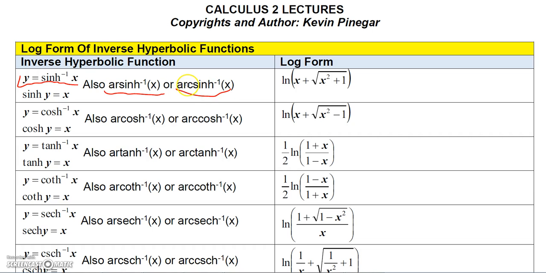So those are other ways to write it. But its log form is the natural log of x plus the square root of x squared plus 1. And then the inverse hyperbolic cosine function, also arcosh or arccosh with the inverse, can be written as natural log of x plus the square root of x squared minus 1.